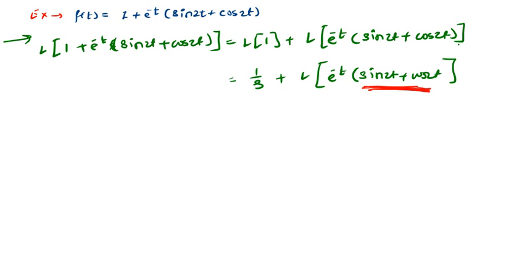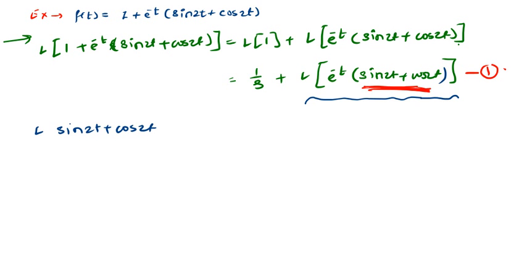We will call this equation number 1, and we will find the answer for this Laplace transform using the first shifting theorem. In this case you need to identify f of t. f of t is nothing but sine 2t plus cos 2t, so take its Laplace transform.